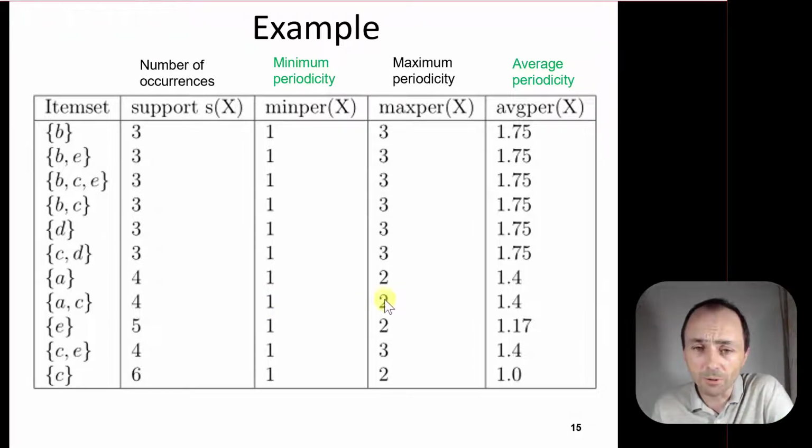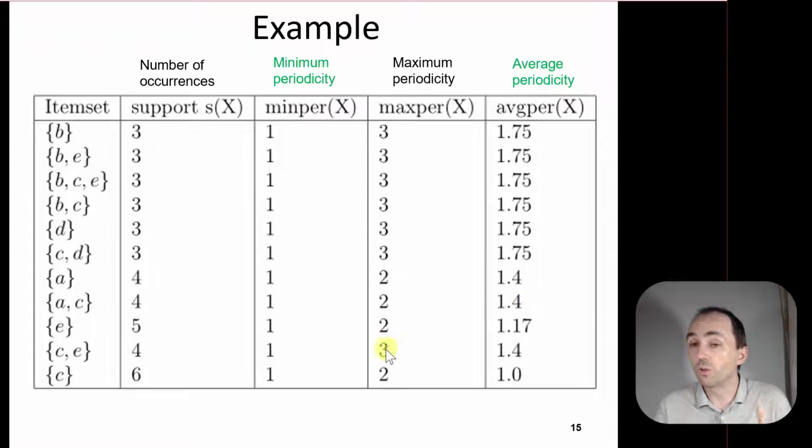The maximum period of AC is 2, and on average AC appears every 1.4 transactions. So this is something interesting. You don't only look at the maximum period, you look at the average. It can tell you some great information, like on average, the people buy a CD every 1.7 transactions, and so on.